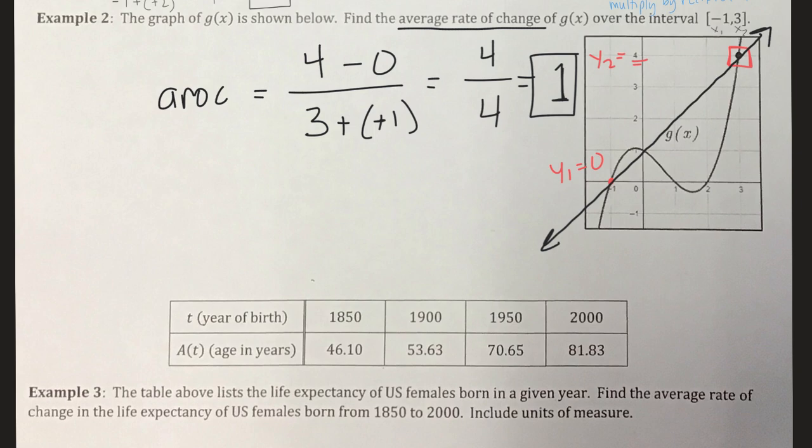It says find the average rate of change in life expectancy from 1850 to 2000. So 2000 is your x2. 1850 is your x1. Which means your y sub 2 is 81.83, and your y sub 1 is 46.1.